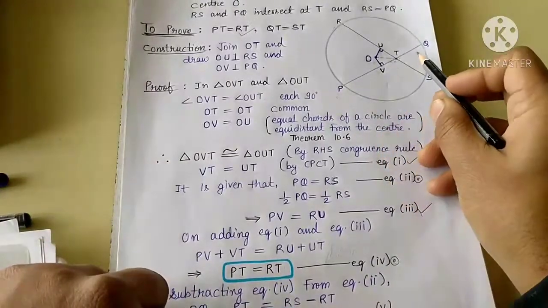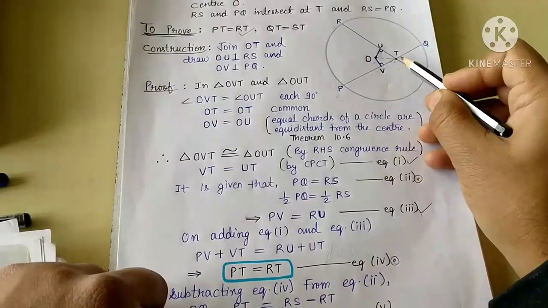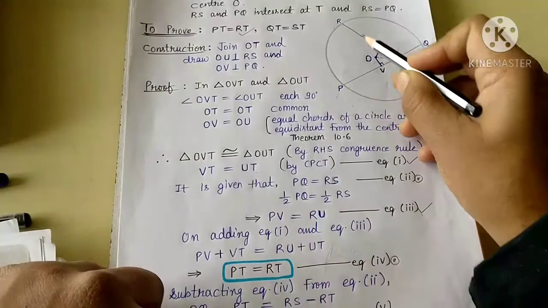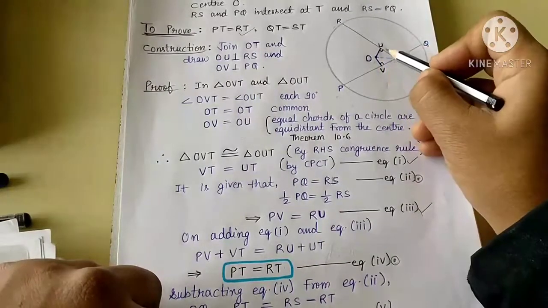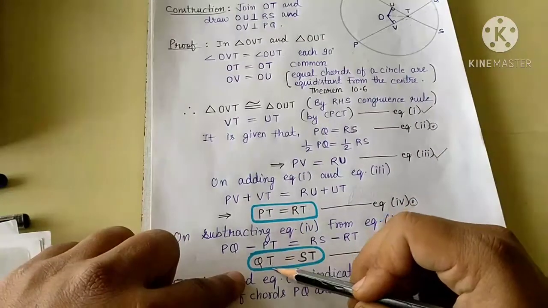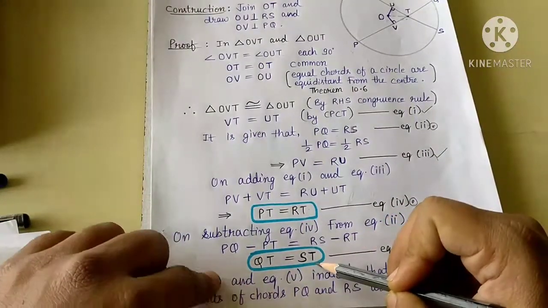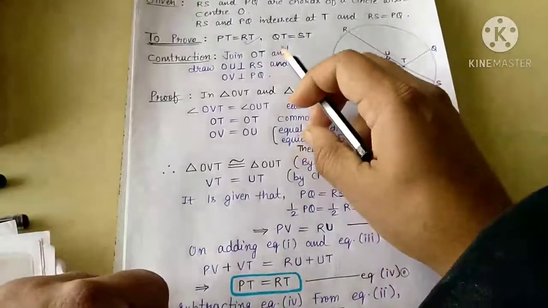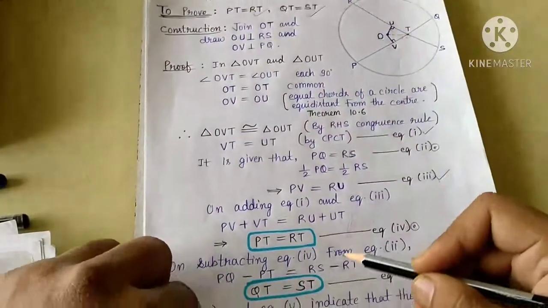PQ minus PT, so what is left? QT. And RS minus RT, so what is left? ST. So we have proved the second part also. So we have proved both parts.